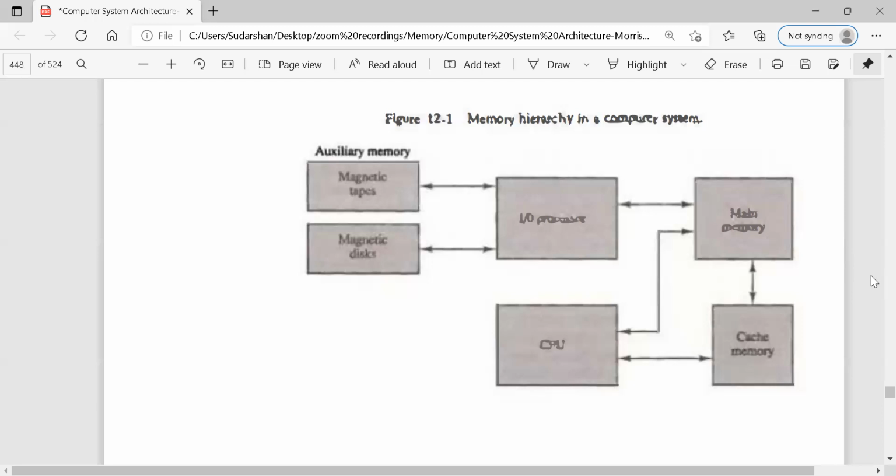When you come across main memory, secondary memory storage capacity is in terms of terabytes. Even you can go from terabytes to even petabytes.